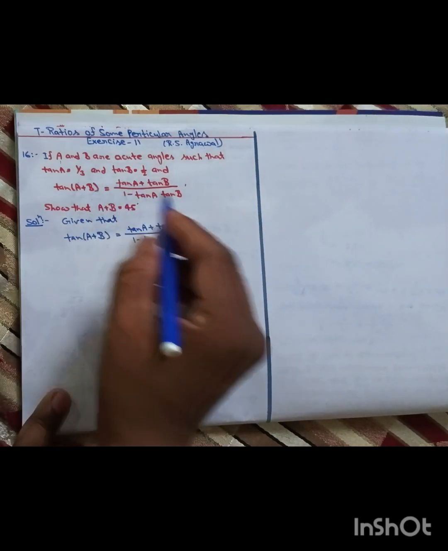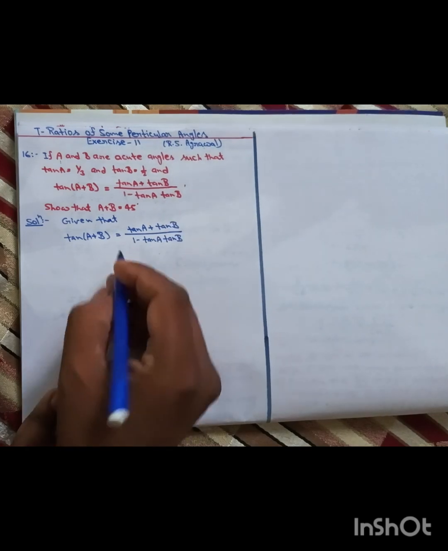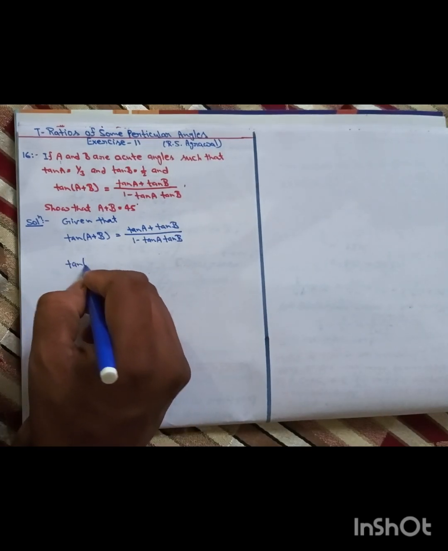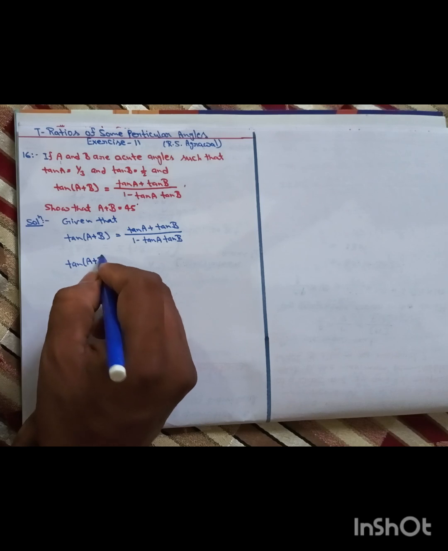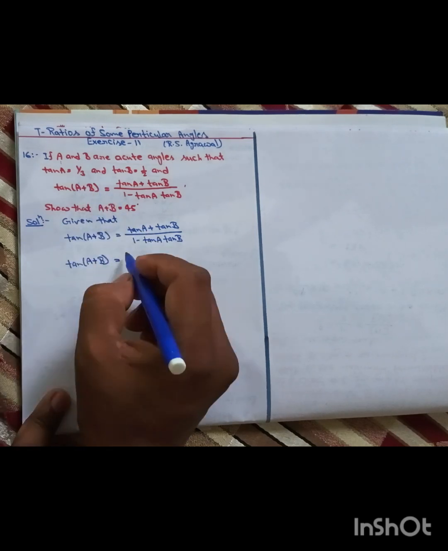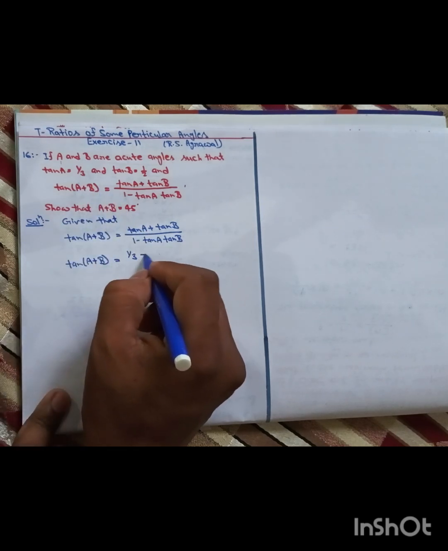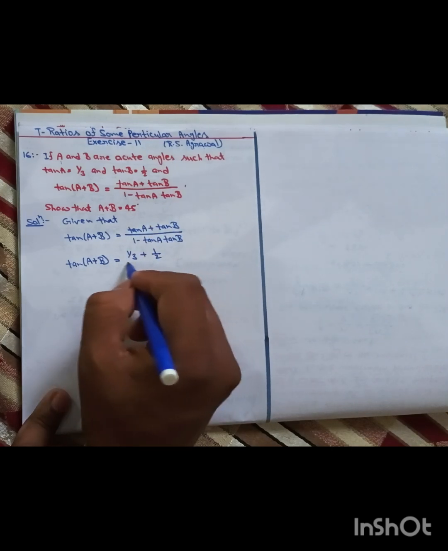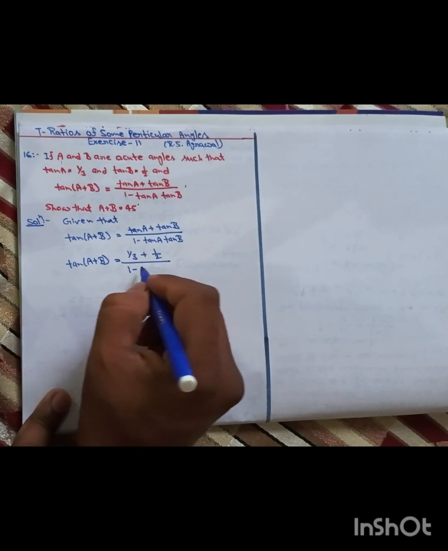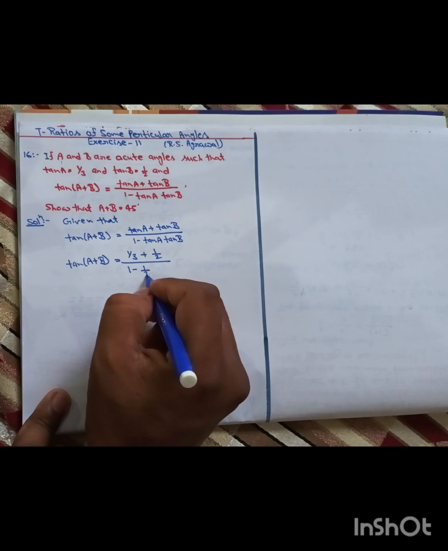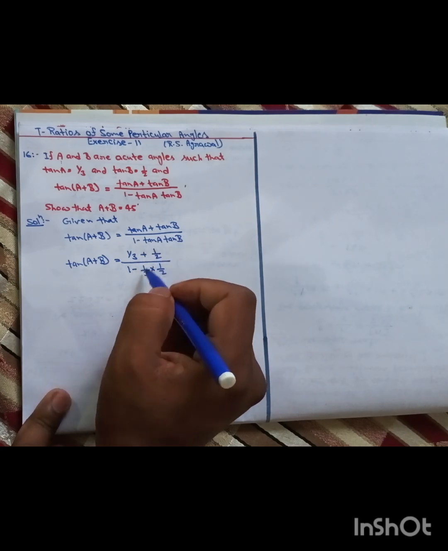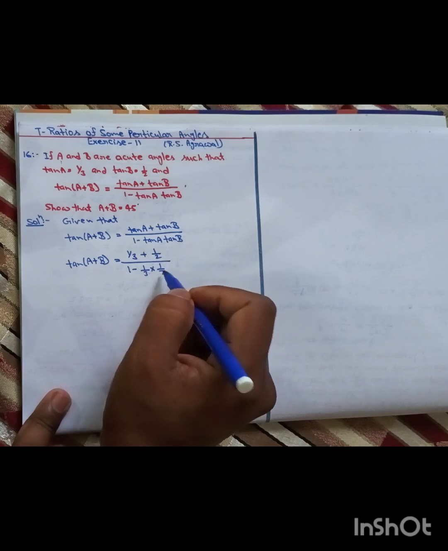So here, tan(A plus B) is equal to tan A, which is 1 by 3, plus tan B, which is 1 upon 2, upon 1 minus 1 upon 3 into 1 upon 2, because the value of tan A is 1 by 3 and tan B is 1 by 2.